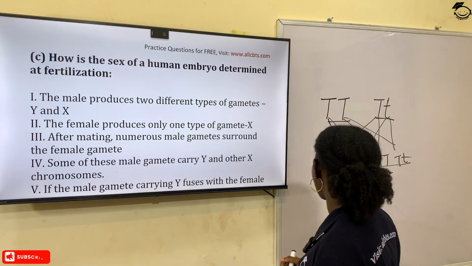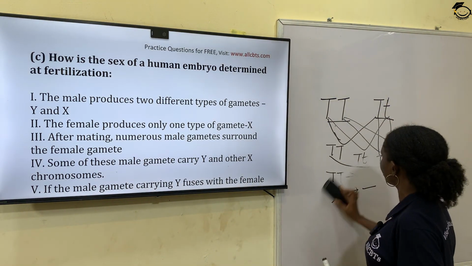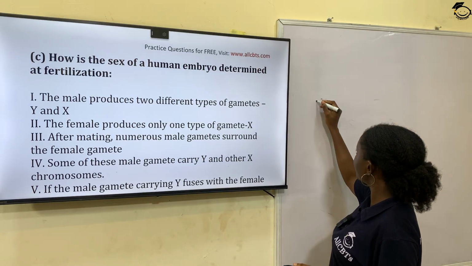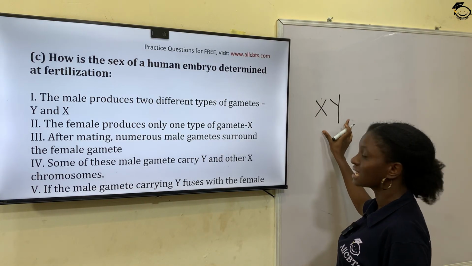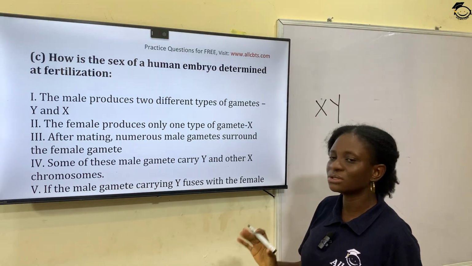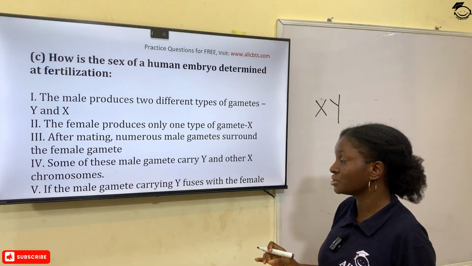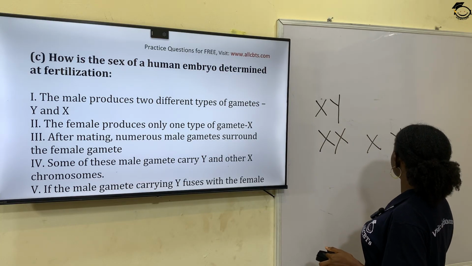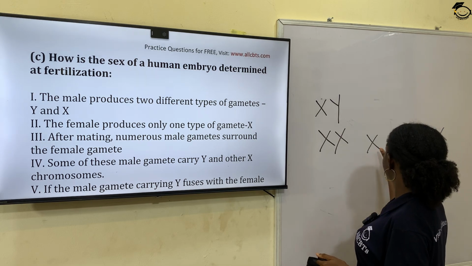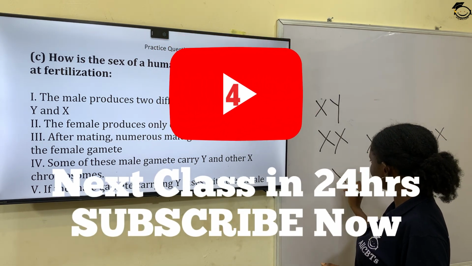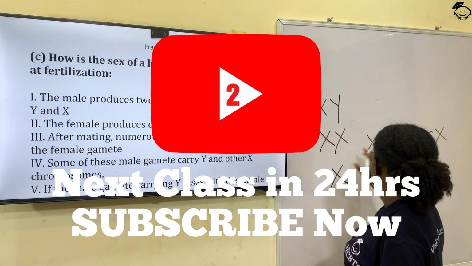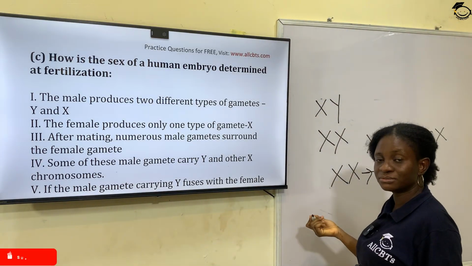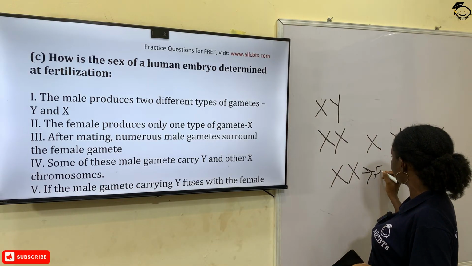We have the X and Y. So the male produces this X and Y. Then for female, the only type of gamete produced by female is X. So once this combines with this XY, then XX, if the male releases this X gamete, because the female has just X gametes, it combines with the X gamete, making the child a female.